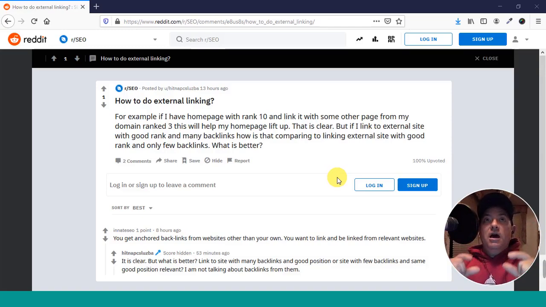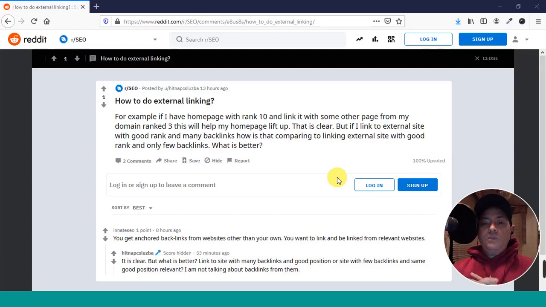Hyperlinks pass some voting power from the page they're linking from to the page they're linking to. It's basically like a vote, and it passes a little bit of that page equity. So PageRank, link juice, link equity, whatever you want to call it.